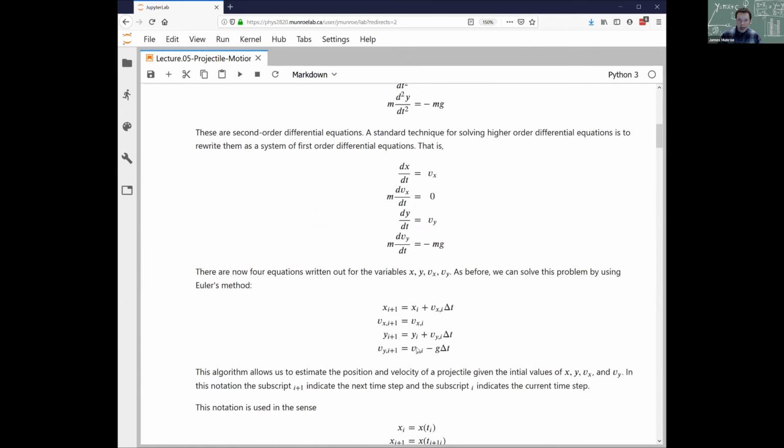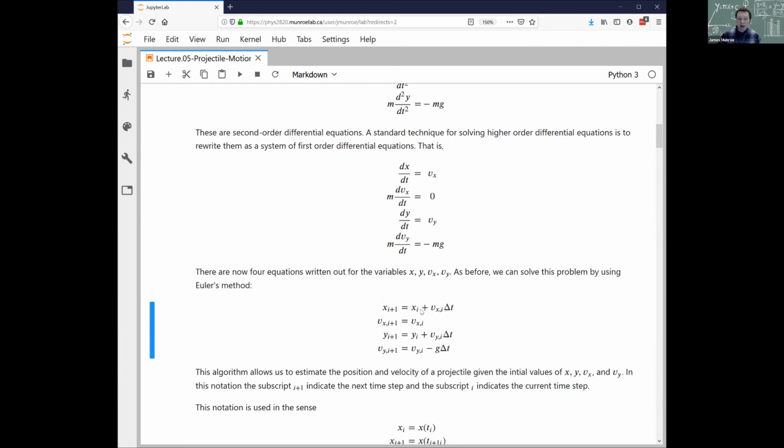The idea of this notation, x_{i+1} equals x_i plus v_{x,i}, is saying the position at the next time step will be equal to the position at the current time step, plus the velocity at the current time step, times however big the time step is.